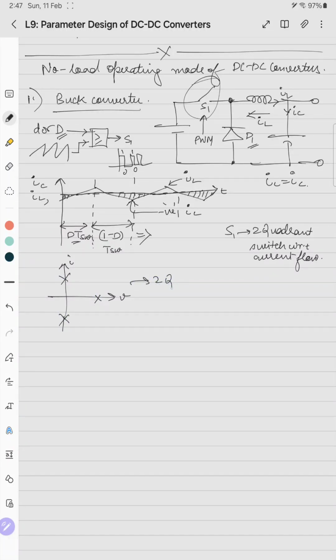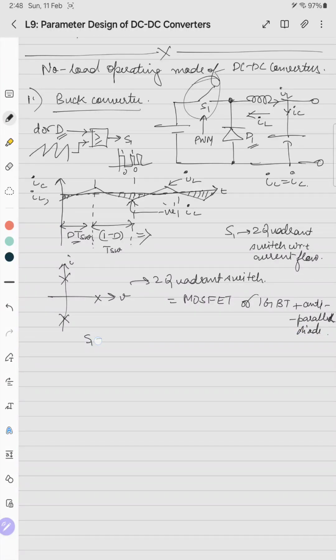So this is a 2-quadrant switch, which means it can be a MOSFET or an IGBT with an anti-parallel diode.